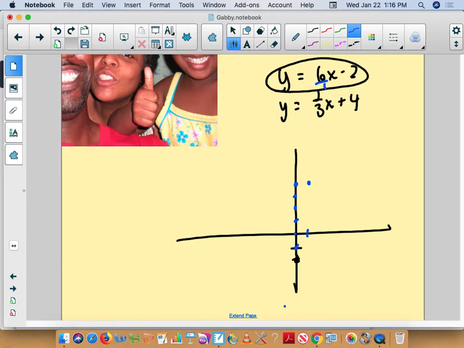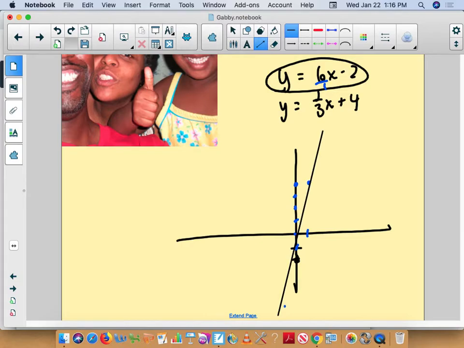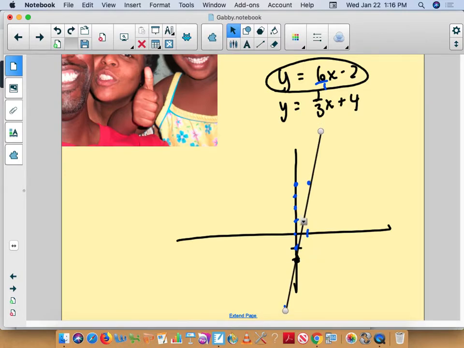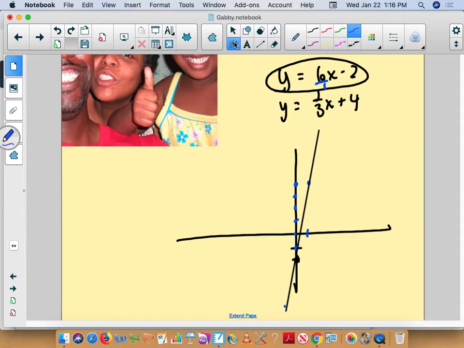And draw this line. In fact, girls, when you do this, you're going to want a straight edge. And now the other line, my y-intercept is 4, and I'm going to go up 1 and over 3.